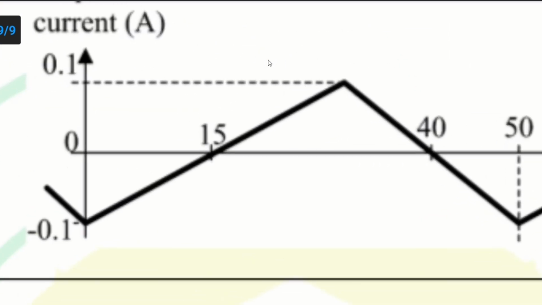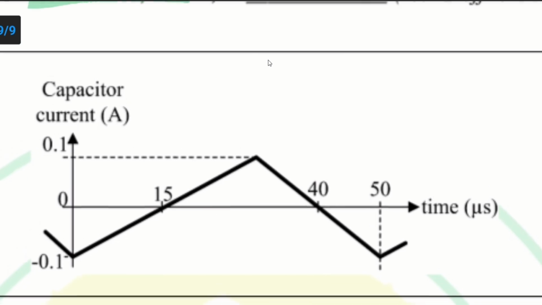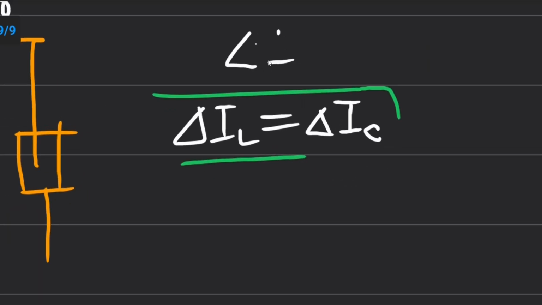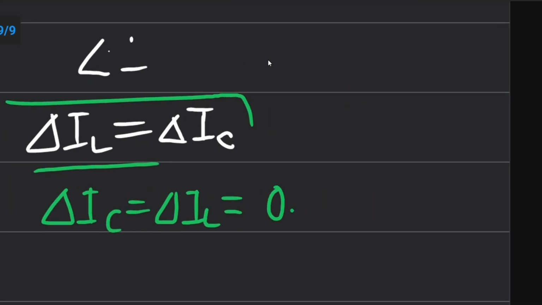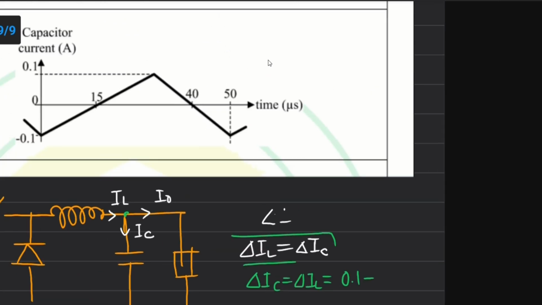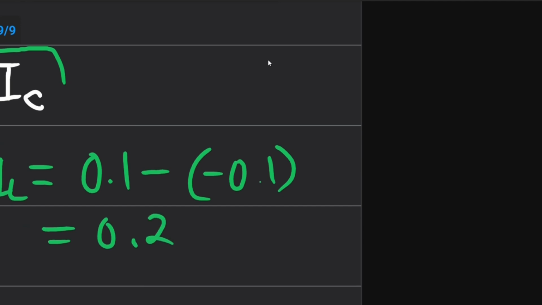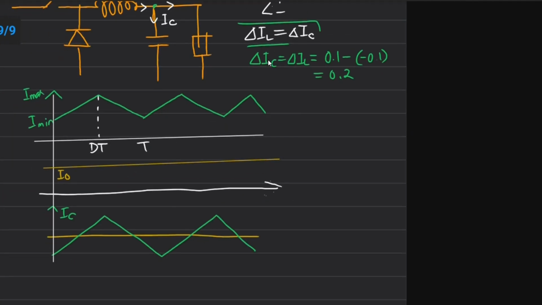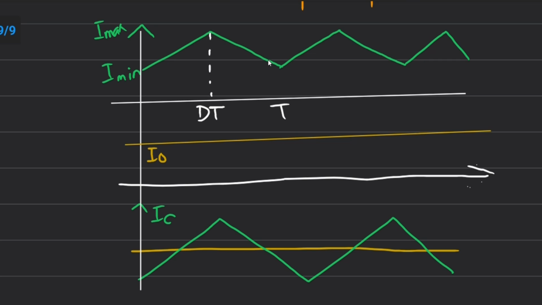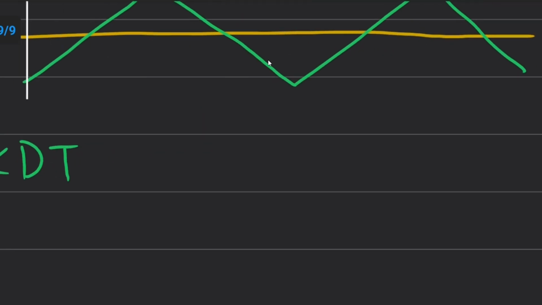So the ripple in the capacitor current is 0.1 minus (minus 0.1), so this is 0.2. Now, during the turn on interval 0 to DT, the inductor charges.